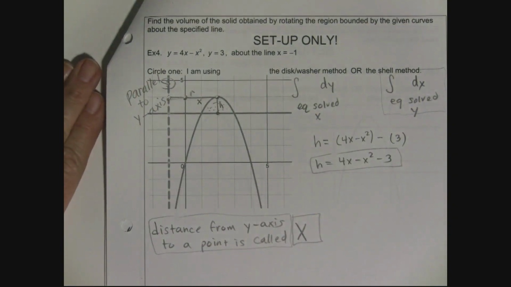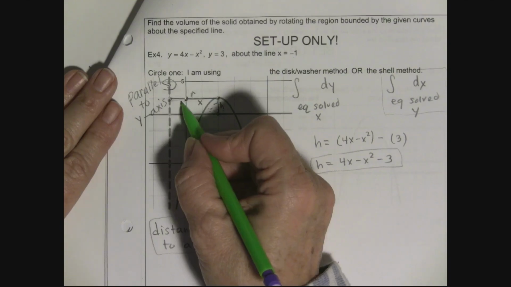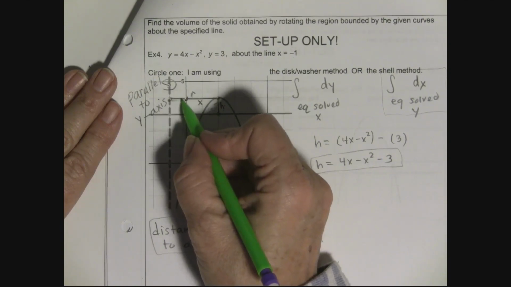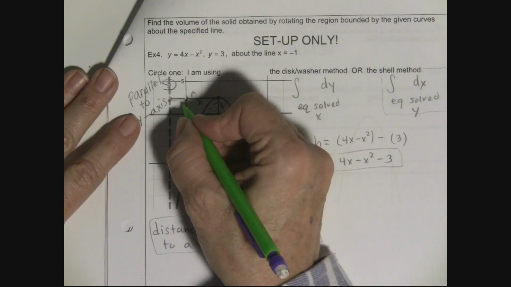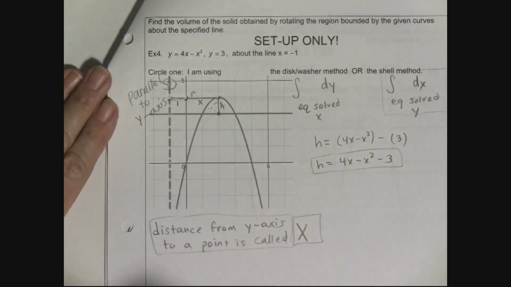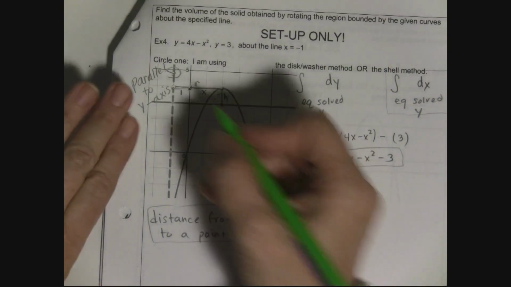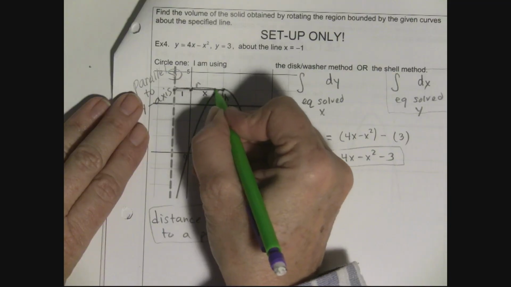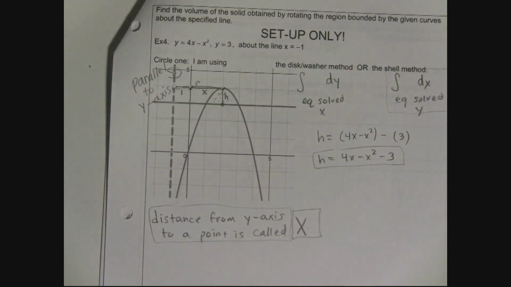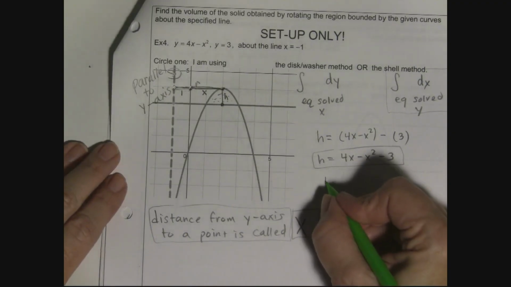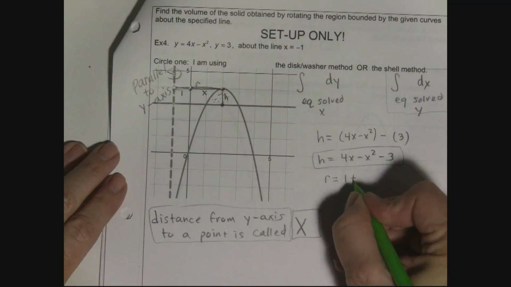Then I have this distance over here, to -1, so it is 1. What I know right now, and I told you r can be tricky, is that r is the whole distance. Part of it is 1, the other part of it is x, so r equals 1 plus x.